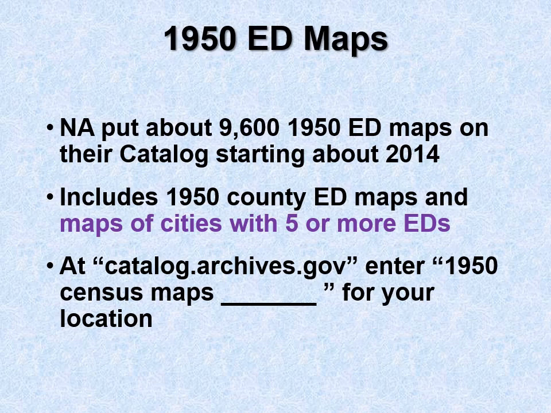It includes 1950 county ED maps and maps of urban areas with 5 or more EDs. So what you would do is you go to catalog.archives.gov, you would enter 1950 census maps, and then you would put down Cleveland, OH, or Los Angeles, CA for your location. I'll show you another way of doing this in a second.